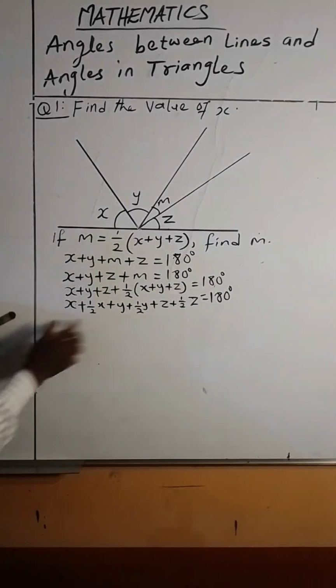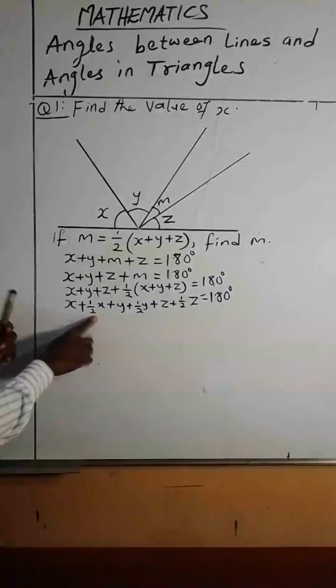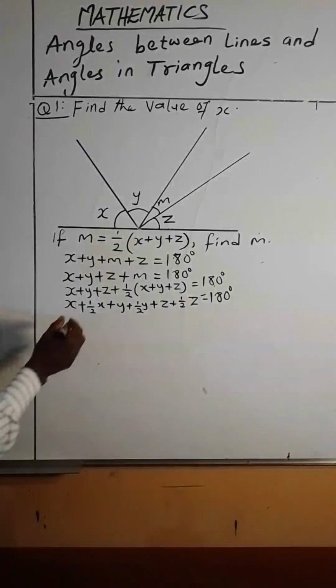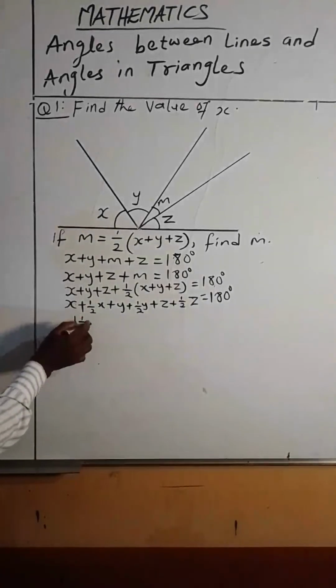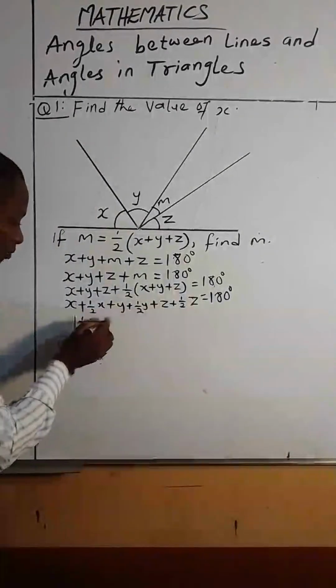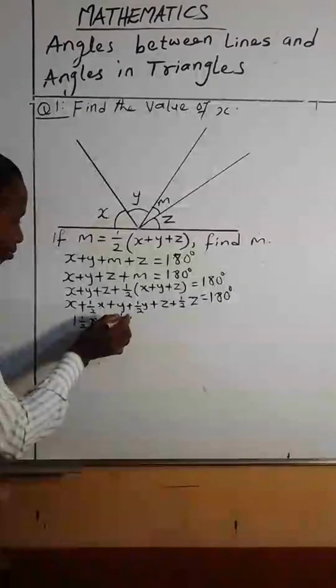So half of this added to this, this is 1 and this is half. So this is 1 and a half. This is going to give us 1 and a half of x. Then for y, we get 1 and a half of y.